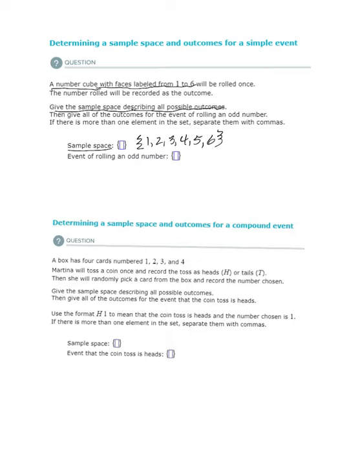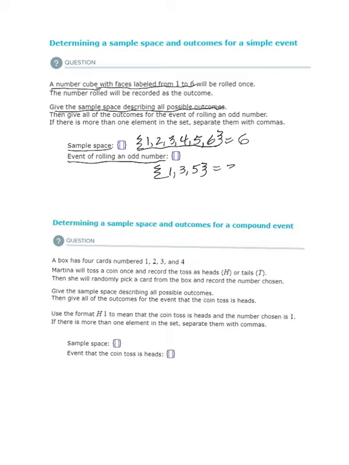Okay, and then this next one, well, these are all the things that could happen. But what if I say the event of rolling an odd number? What are the things that could happen now? Well, odd numbers, here are the possibilities of the odd numbers being rolled. What we're building up to here is, there's 6 ways to do this.